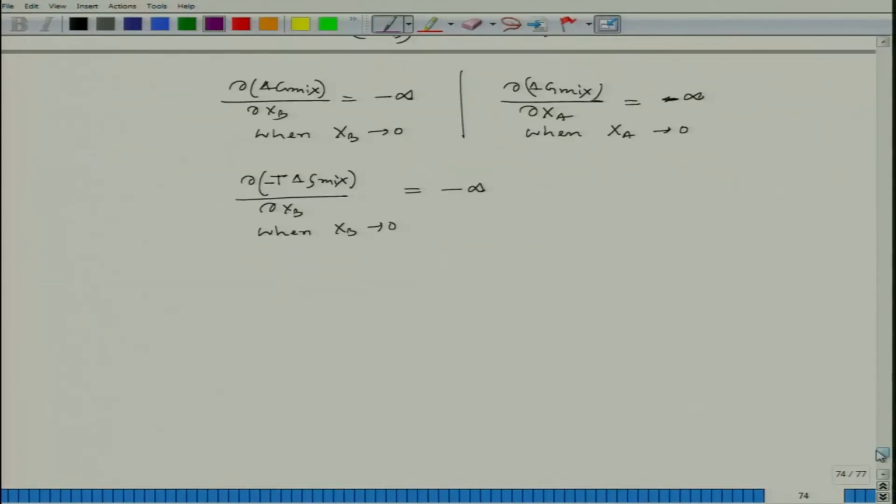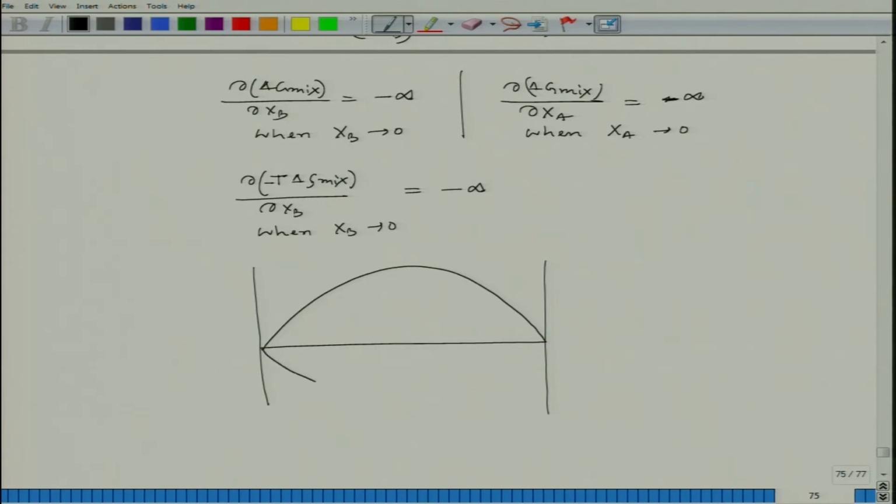Now, if we have a situation like this, my ΔGmix is this one, this is ΔHmix, this is minus TΔSmix.